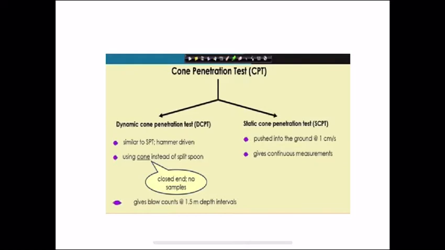In the dynamic cone penetration test, we apply hammer blows to drive the cone into the soil, and the number of blows required for 100 mm penetration is recorded.